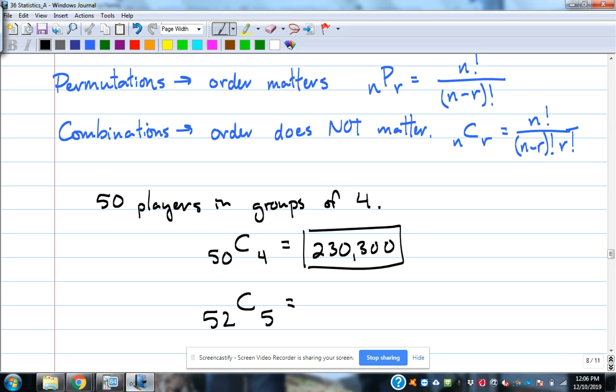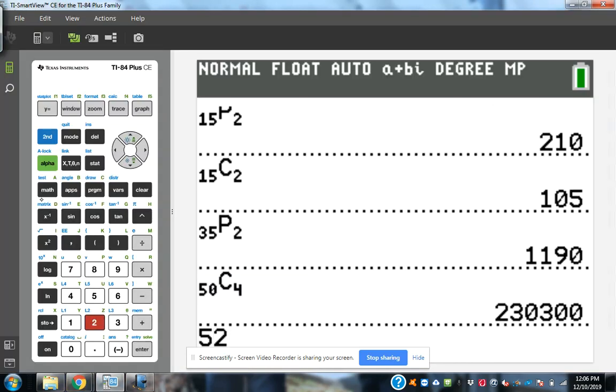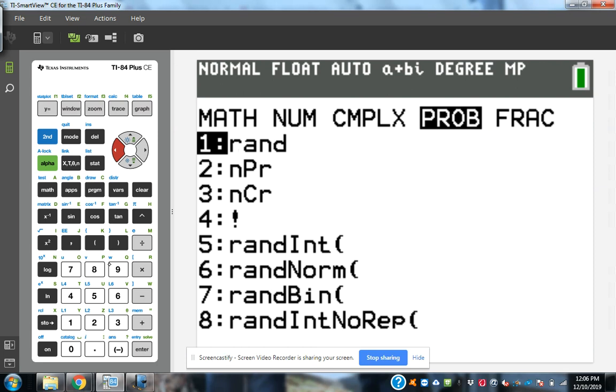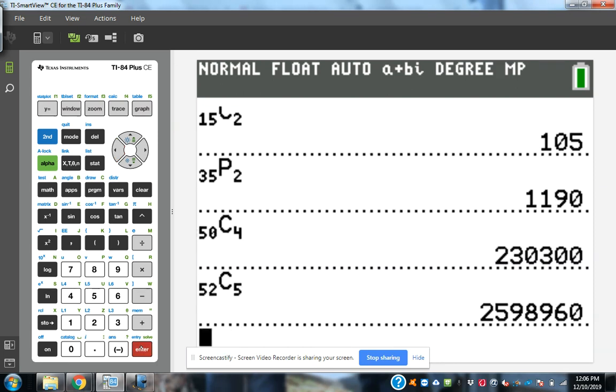How many 5 card hands are there? 2,598,960 different hands. It's a lot of different possible hands that you could get from one deck of cards.